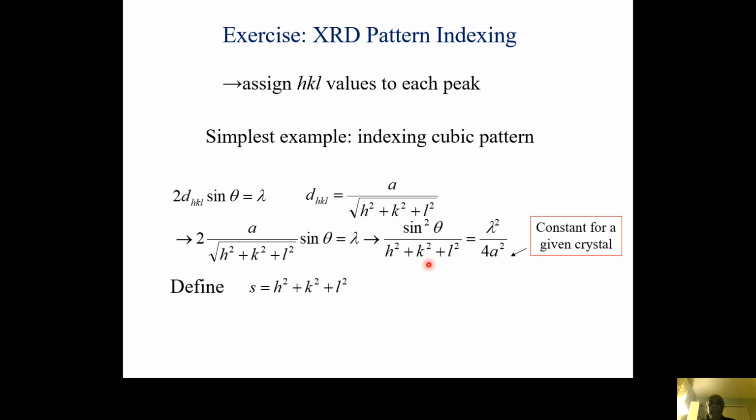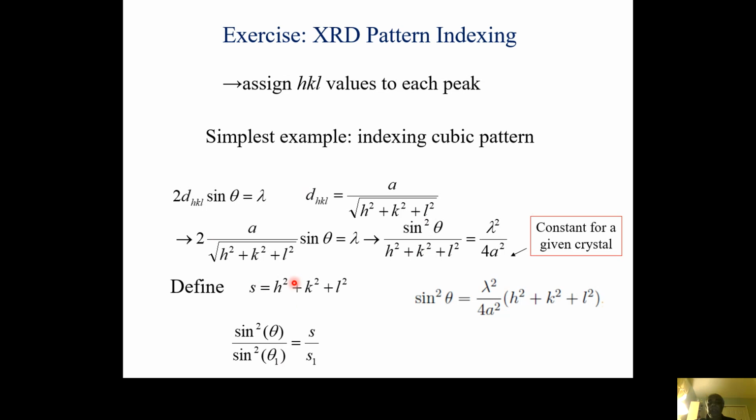If you define h squared plus k squared plus l squared as some S, then I can write sine squared theta equals lambda squared over 4 a squared times S, right? That's a constant. That means sine squared theta over sine squared theta 1 equals S over some different S1, right?